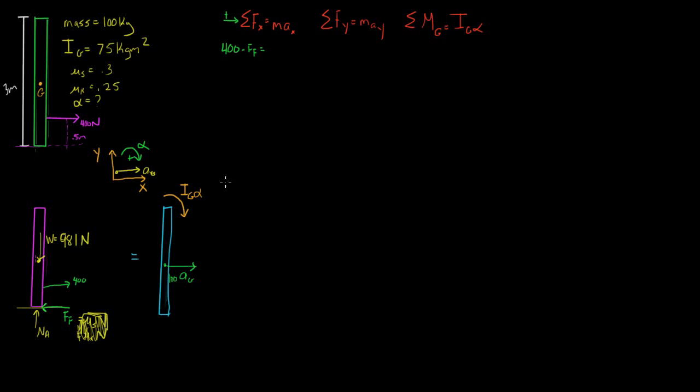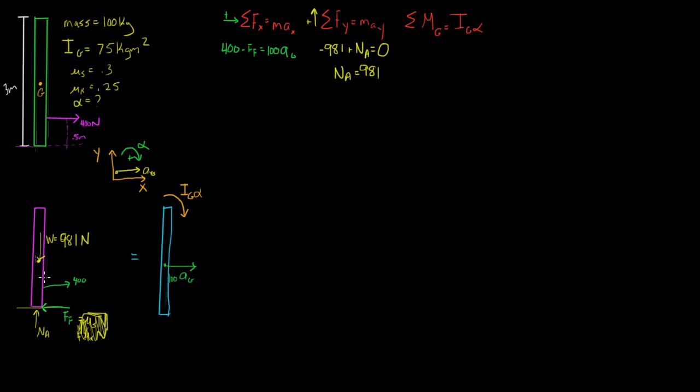So this is going to be equal to our mass times acceleration in our x direction, which is 100 times the acceleration of G. Our sum of the forces in the y direction, positive is up, is going to be minus 981 plus NA, our normal force, which is equal to 0 because there's no acceleration in our y direction. So here we get the normal force NA is equal to 981.